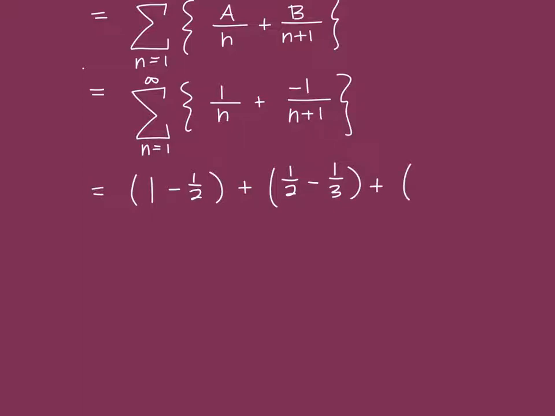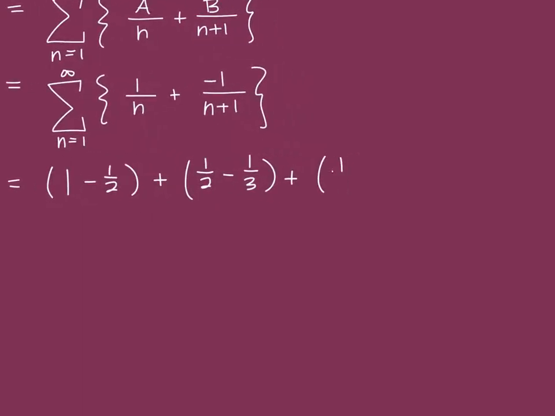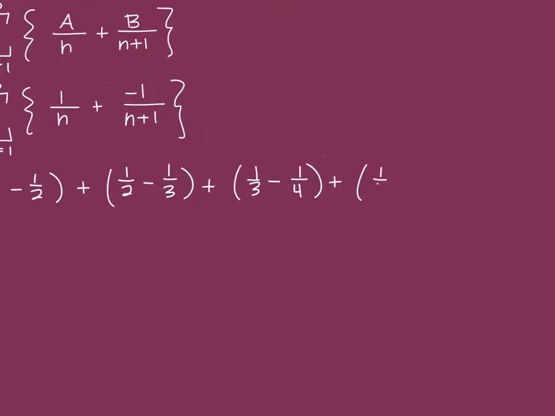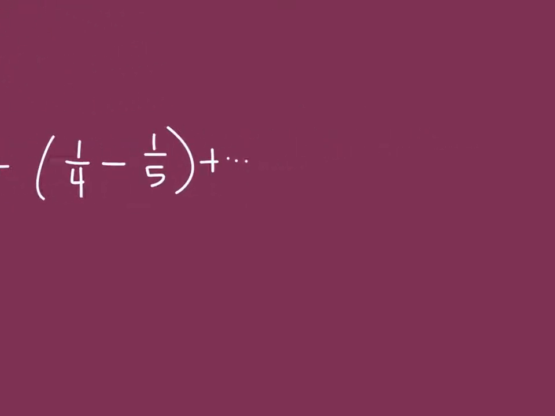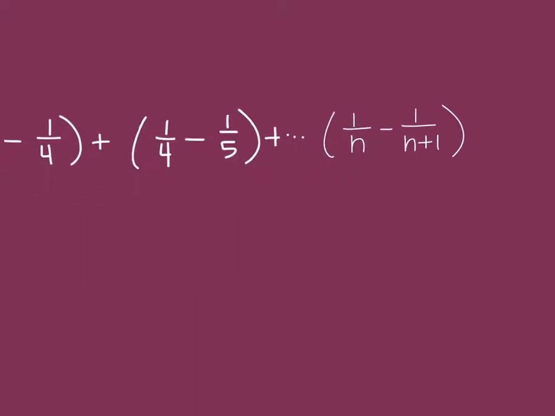And what is the next term? 1/3 minus 1/4. Plus 1/4 minus 1/5, etc., etc., until you get down to the last terms, which are 1 over n minus 1 over n plus 1, the general term at the end.